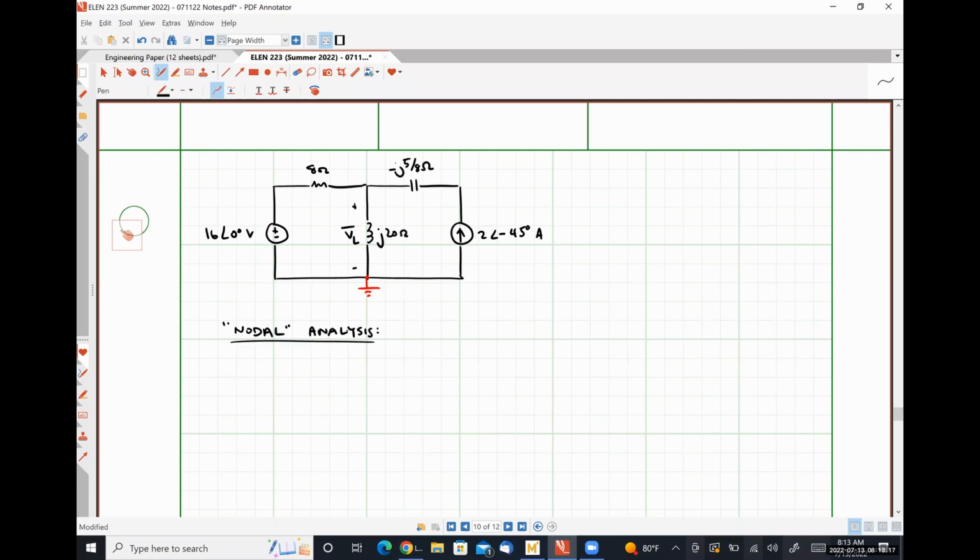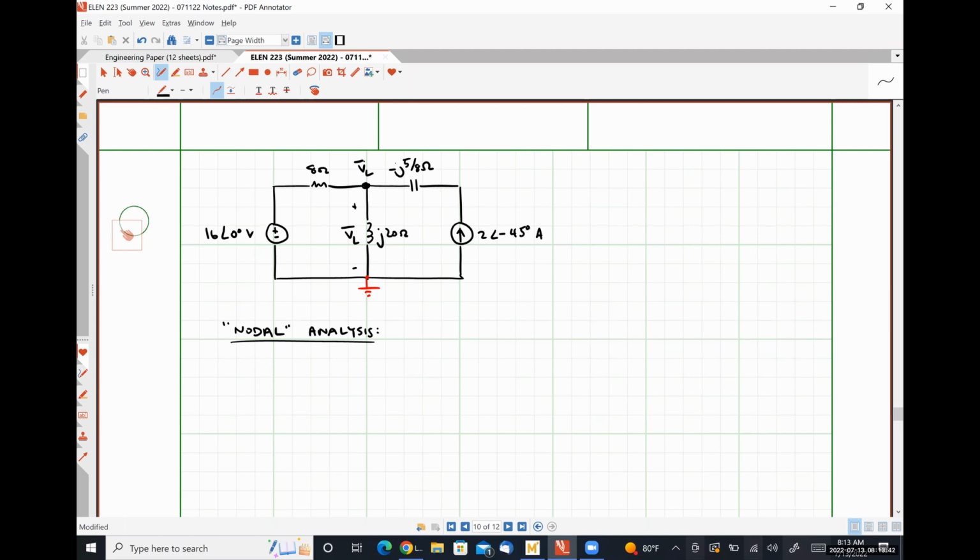So the nodal voltage here is the exact same thing as VL, because our nodal voltage is measured with respect to ground. And the voltage drop over our inductor is the potential difference between that top middle node and ground. So those two quantities are actually the same thing. So I'm going to use them interchangeably.